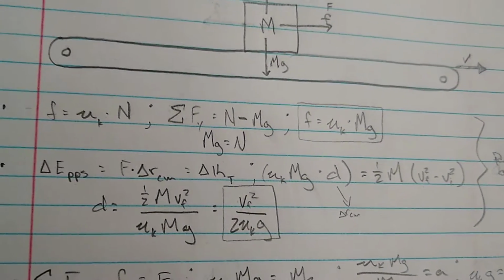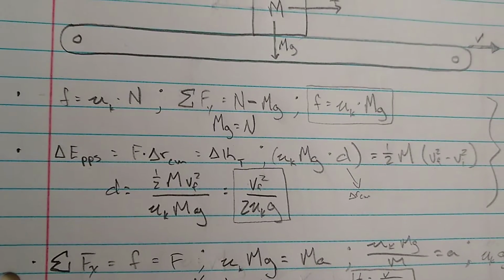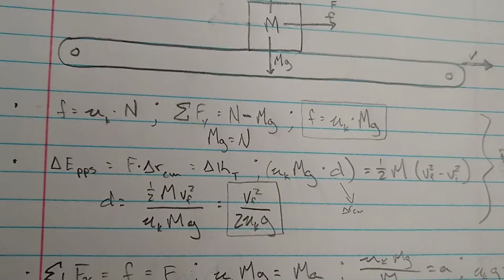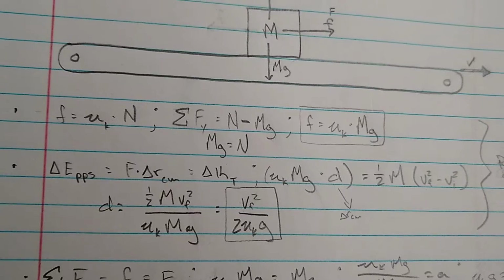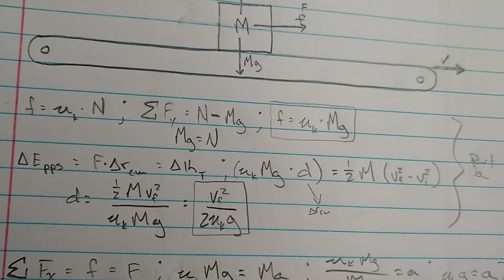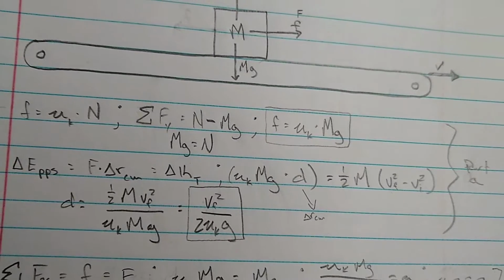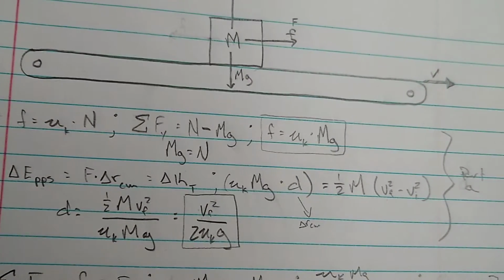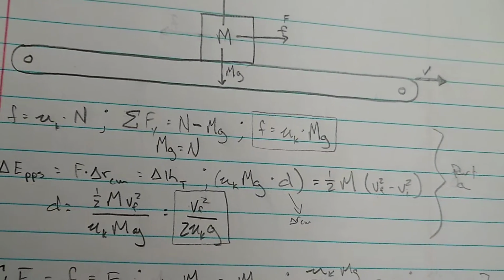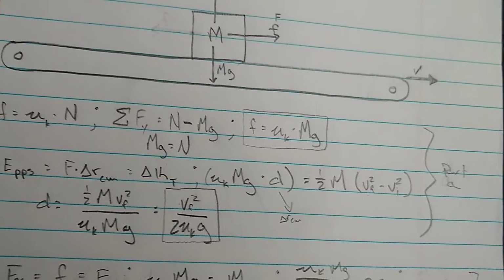And here we go from our energy point particle system equation: F times delta R center of mass will equal the change in the kinetic translational energy. So we can replace F dot R with our frictional force times d and set that equal to our equation for translational kinetic energy, 1/2 mv squared, and this is the change in velocity.